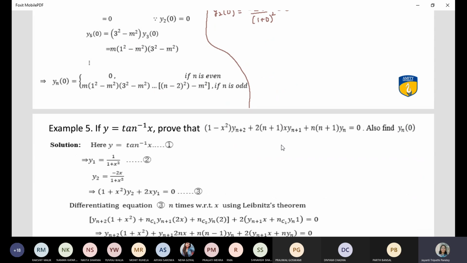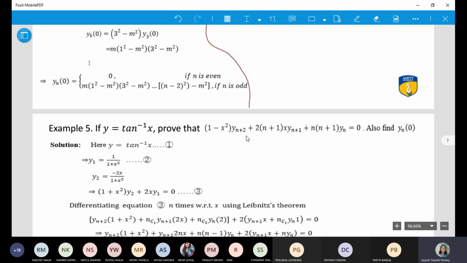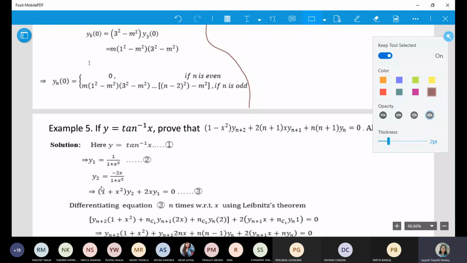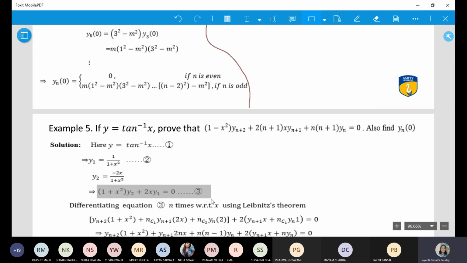Now I need to know the connection between y1 and y2. See, this is the connection. To get y2, you put the value and you get this connection. Now the final equation is this.